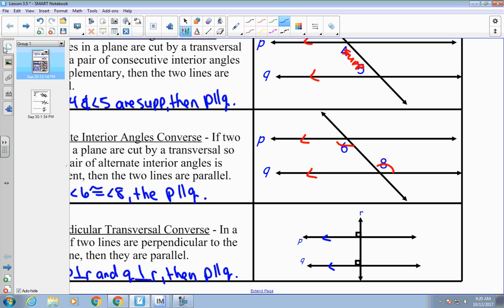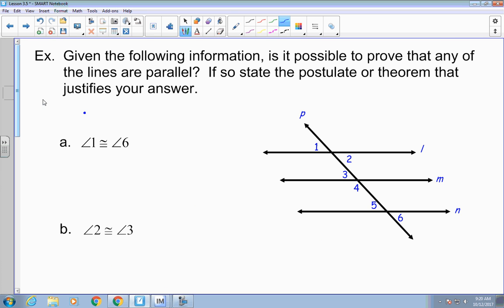Okay? So, let's work a couple of problems. Given the following information, is it possible to prove that any of the lines are parallel? If so, state the postulate or theorem that justifies your answer. Alright, so if I told you that angle 1 and angle 6 were congruent to each other, could you prove any lines parallel?